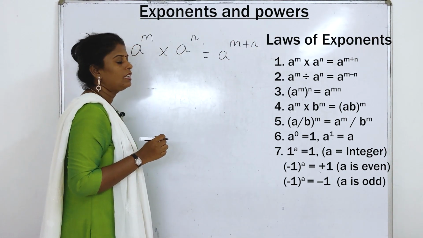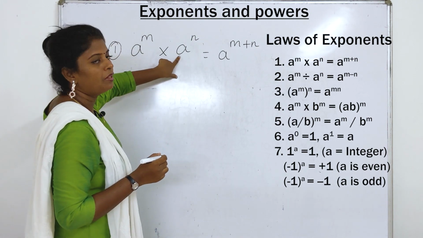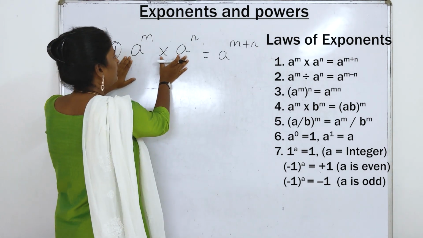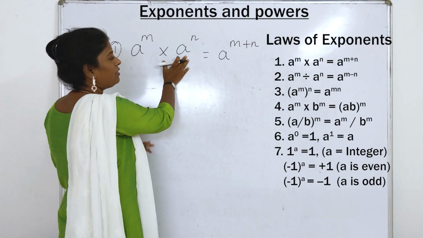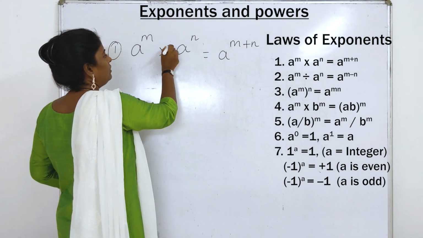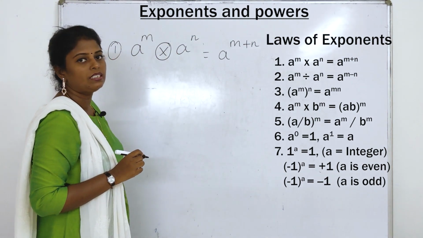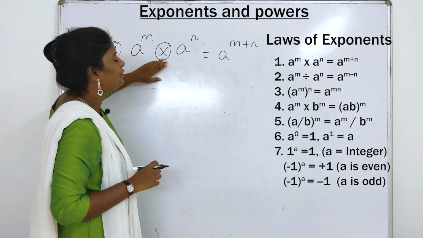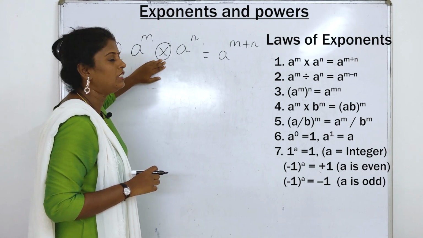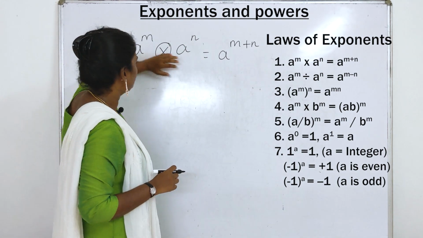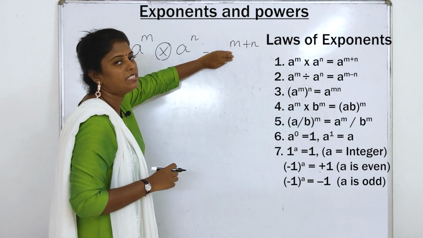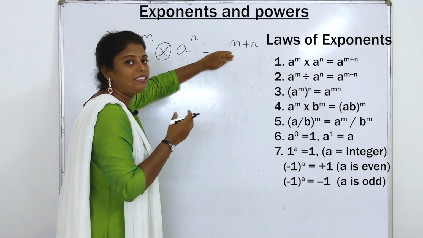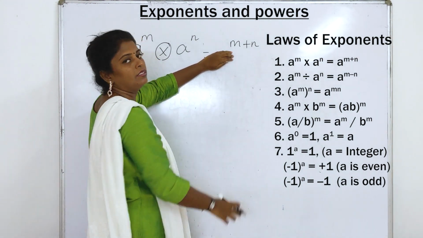That is, if the base is the same and the power is different, and in between we have a multiplication, then write the same base as it is and add the power.